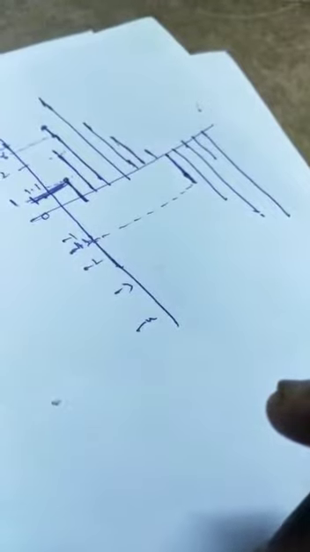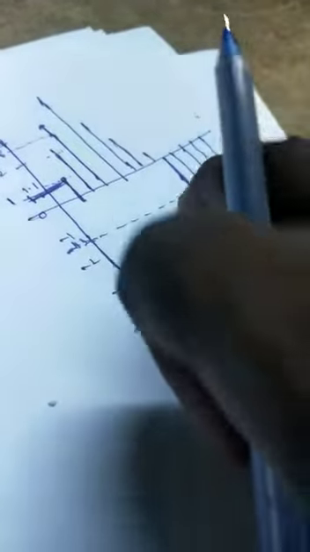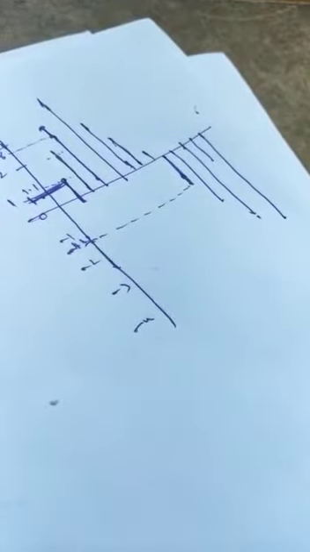That is called quantization. Quantization is a process of rounding of analog values to the nearest digital level.